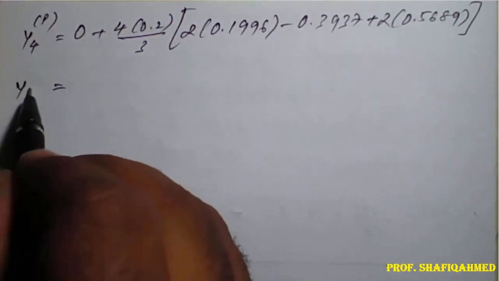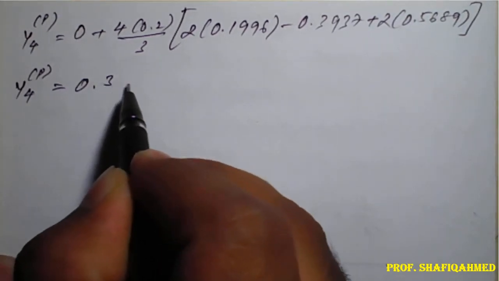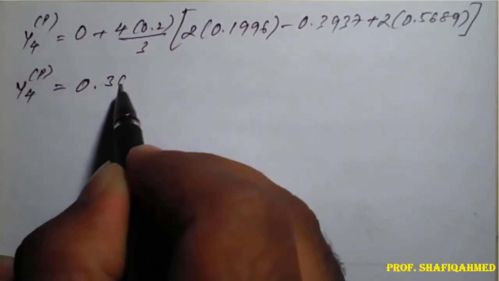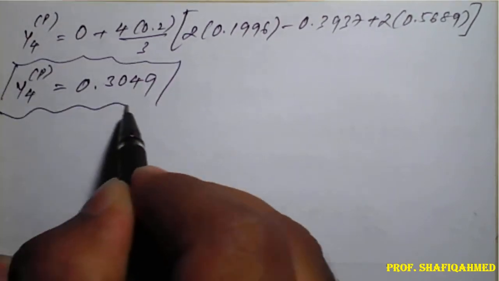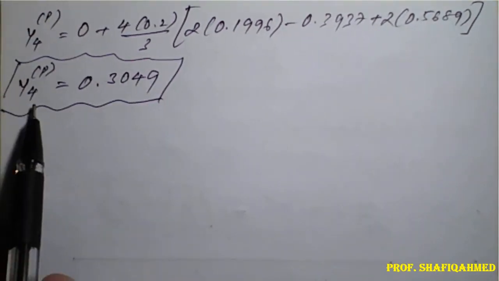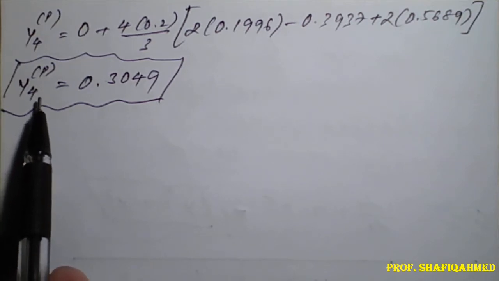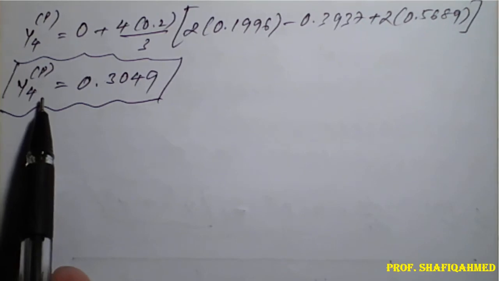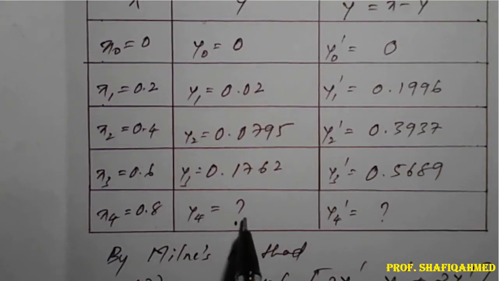So therefore y4 of p will be 0.3049. This is a predicted value, which we need to consider here. So this is our prediction.